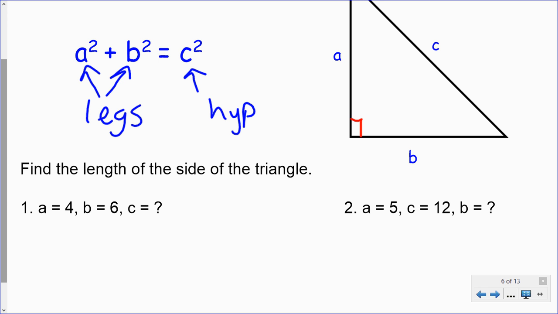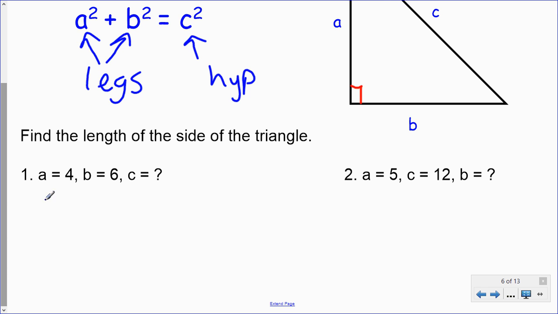So if we start by plugging in A and B, we're going to get 4 squared plus 6 squared equals c squared. Okay, so then the next thing we would do is evaluate our exponents.